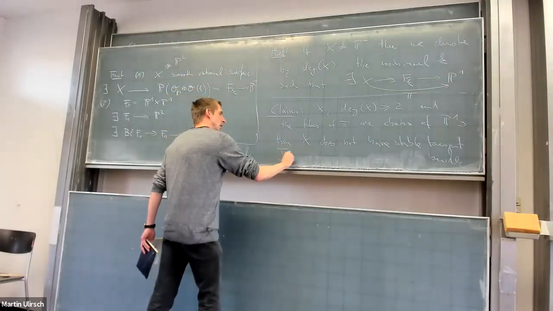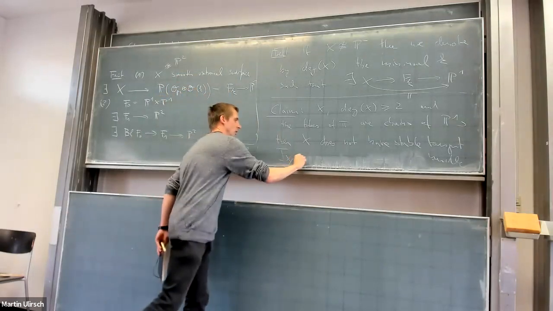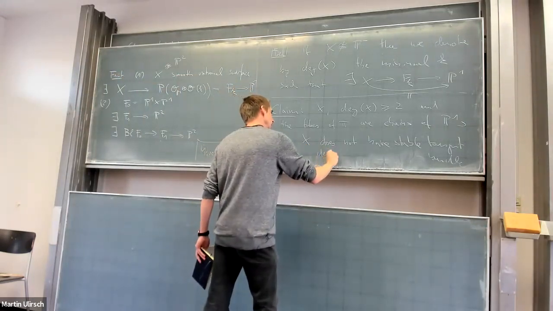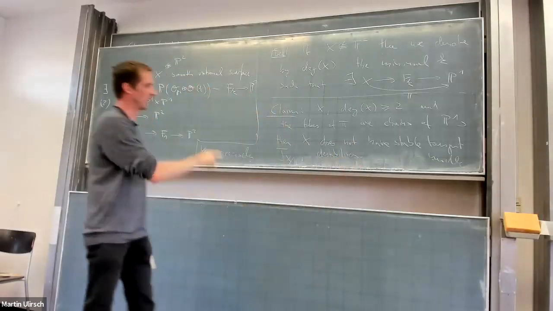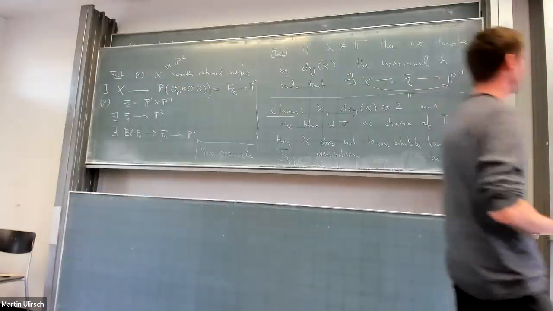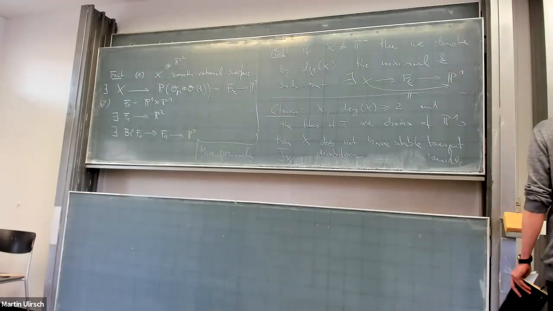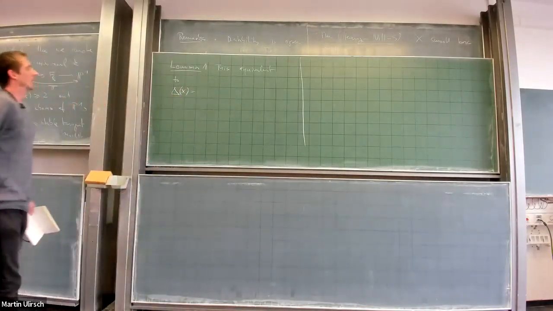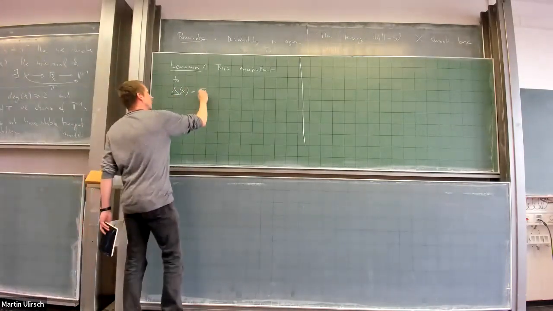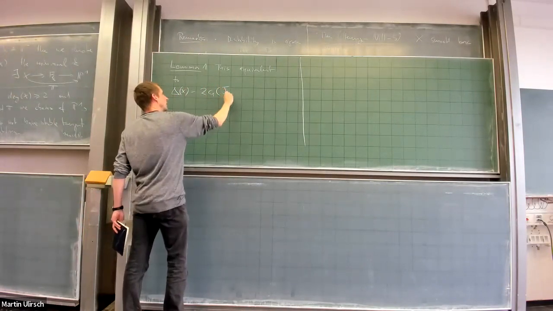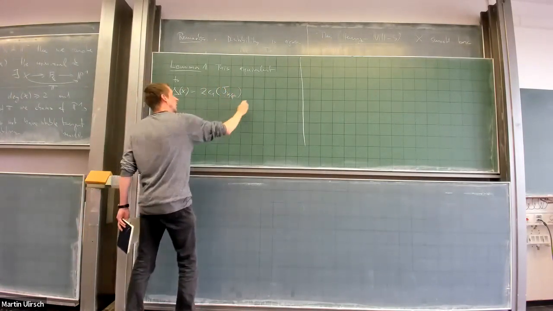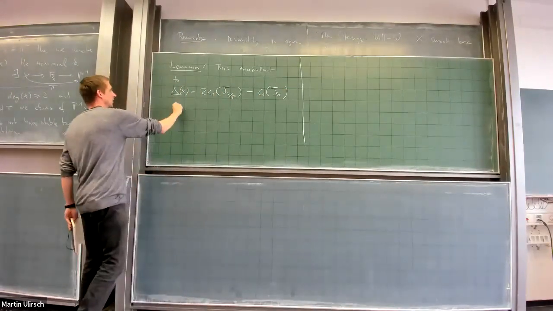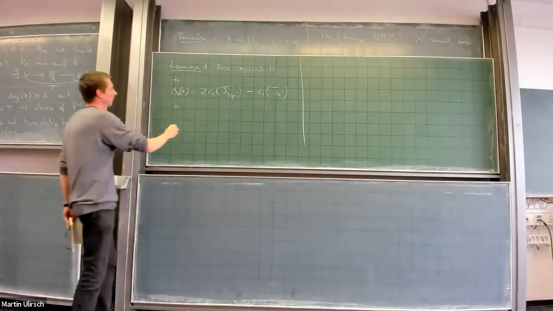What I'm saying here is that the relative tangent bundle, or tangent sheaf, destabilizes X. And the latter statement is equivalent to the following, namely that the following curve class, which I denote by delta, which is 2 times the first Chern class of the relative tangent bundle minus the first Chern class of the tangent bundle, is pseudo-effective.